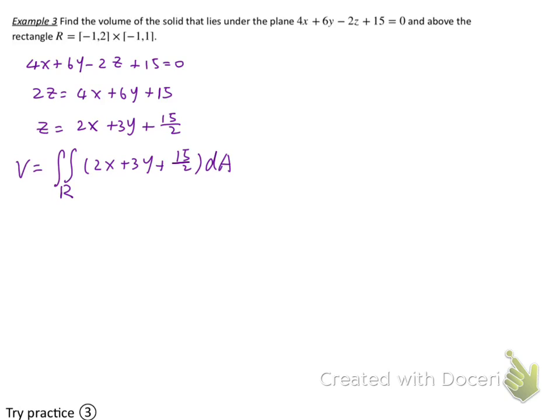And again, it doesn't really matter whether you do x or y first. I'll do y first. So negative 1 to 2, that's dx, then negative 1 to 1, that's dy, and inside I have 2x plus 3y plus 15 over 2.